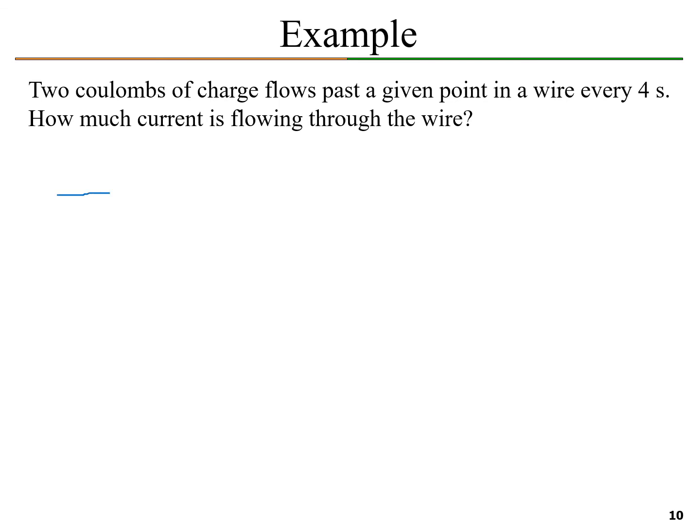Okay, remember, current is simply equal to charge divided by time. We are given the amount of charge, 2 coulombs. We're given the amount of time, 4 seconds.